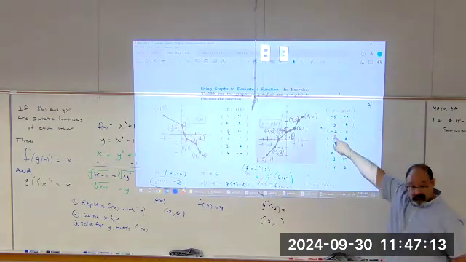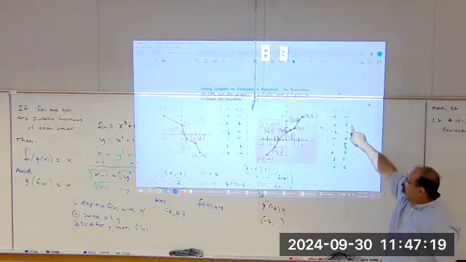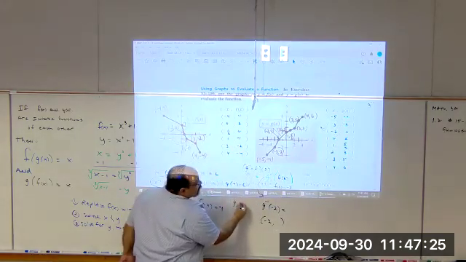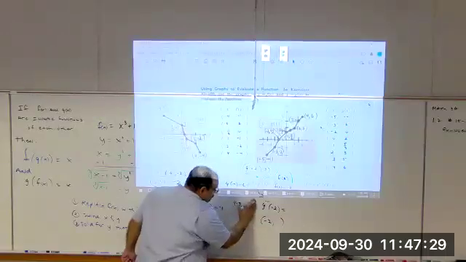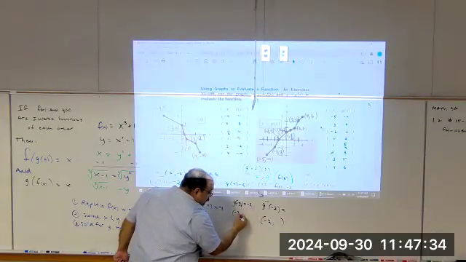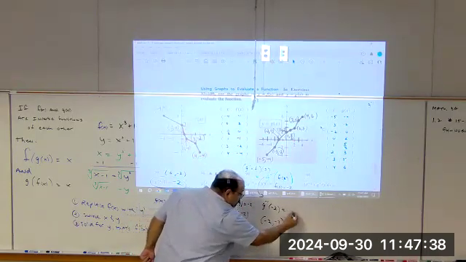That's x, the domain of g. I want this y value. So g of -3 equals -2. So this ordered pair, -3, -2, means on the inverse, -2, -3.